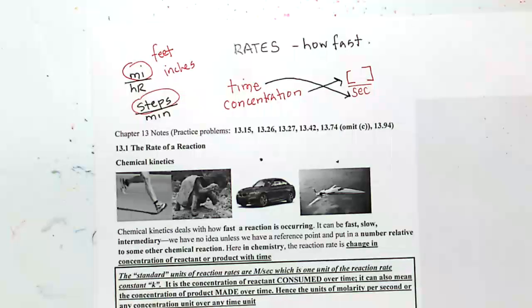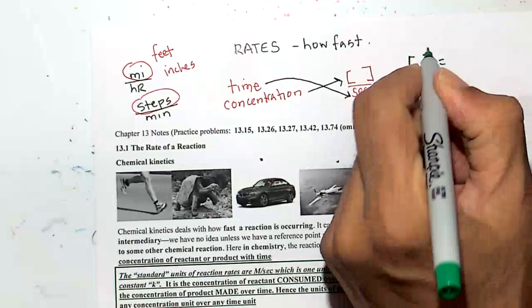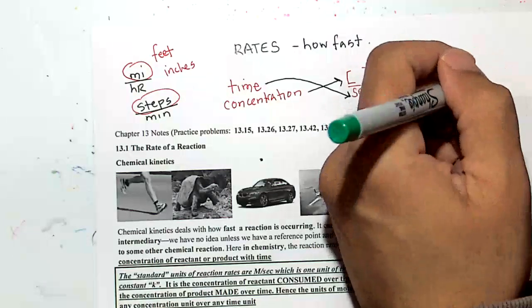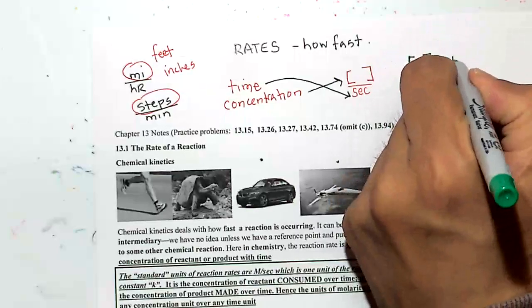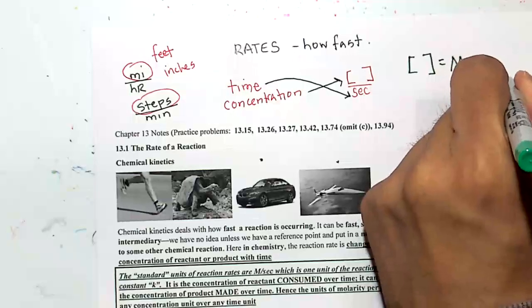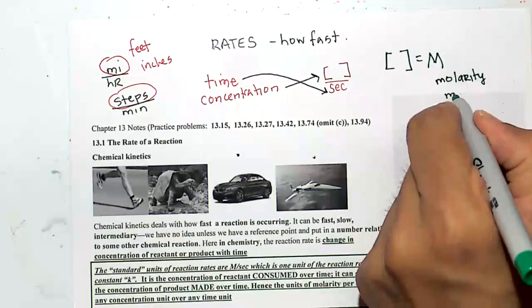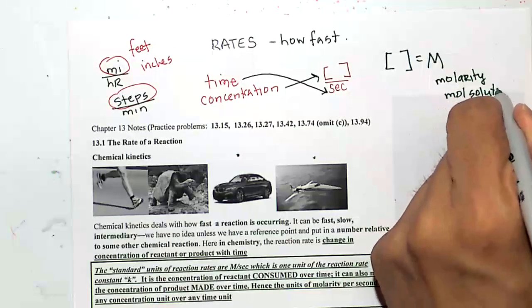This bracket here represents concentration in moles over liter, moles of solute over liters of solution. We know this as molarity, which from our exam is moles of solute over liters of solution.